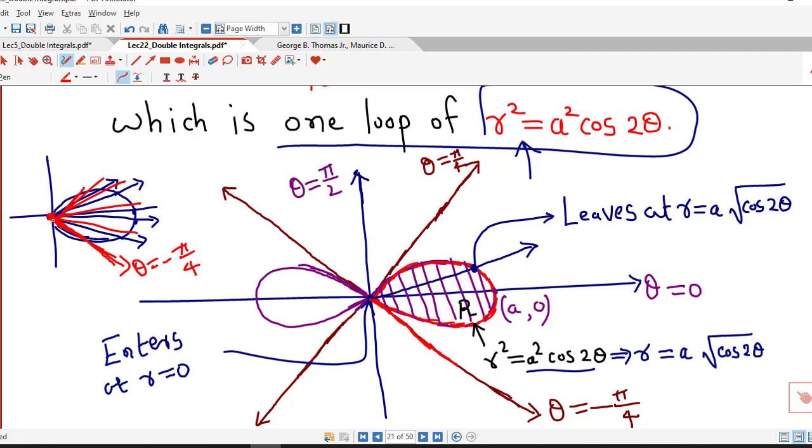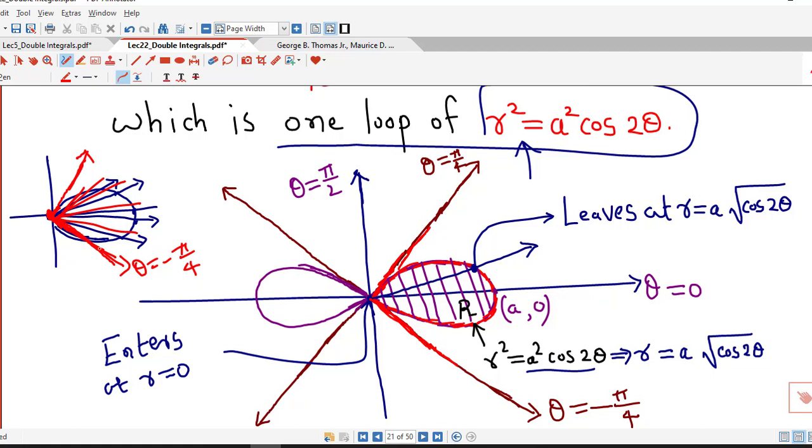Here, if we consider this ray, then this ray is nothing but theta equal to pi by 4.